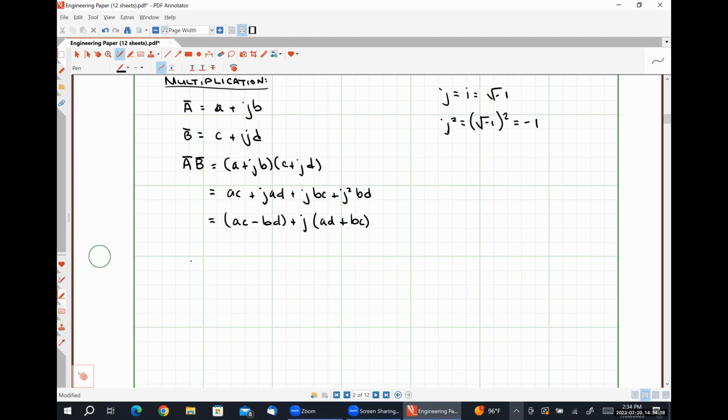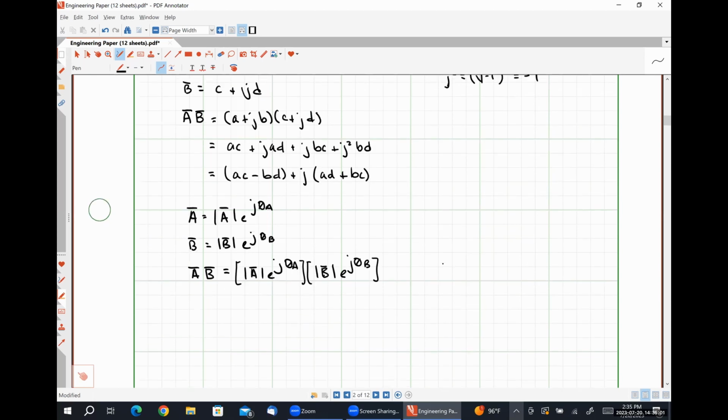So let's say that A is instead the magnitude of A, e to the j theta A, and B is the magnitude of B, e to the j theta B. A being multiplied by B is just going to look like the magnitude of A, e to the j theta A, times the magnitude of B, e to the j theta B. So I can multiply the magnitudes together.